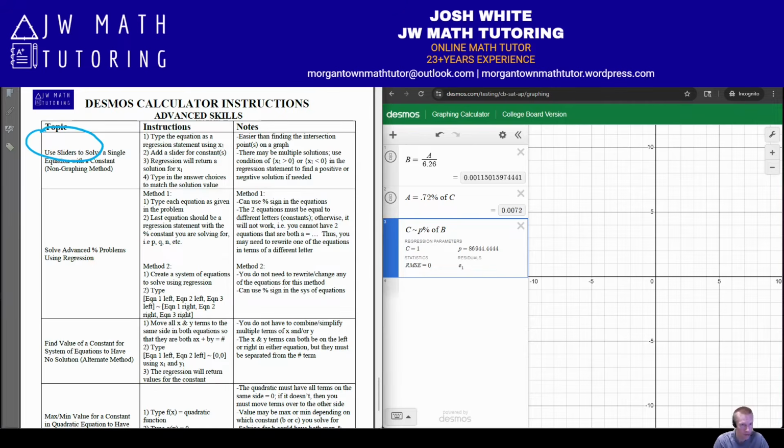So, solving advanced percentage problems using regression. This is the second method. Basically, you take the equations I set up originally, technically two equations and one regression statement, and put them into a system of equations and solve that using a regression statement.